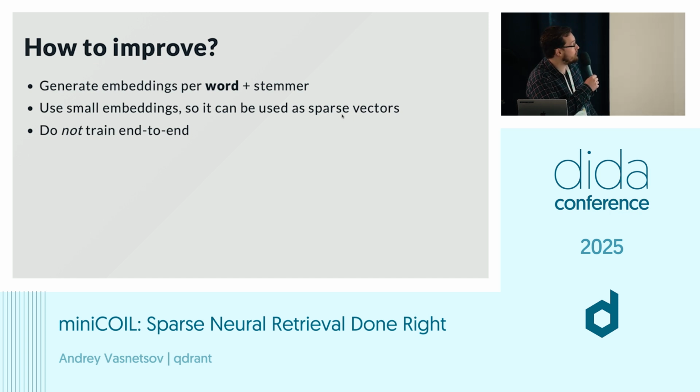Second step, we use much smaller word embeddings, so small that they can actually be used inside the sparse vector. And instead of training end-to-end, instead of training the importance of the word, we will only train the semantic part. I guess I have a slide further about it.